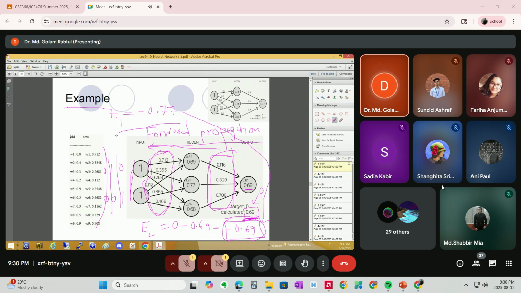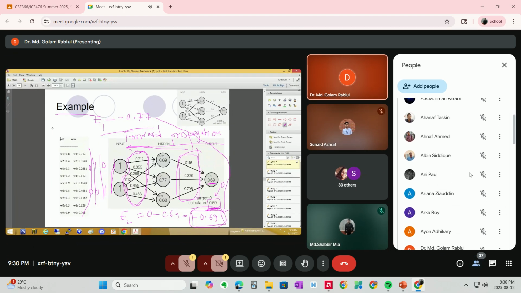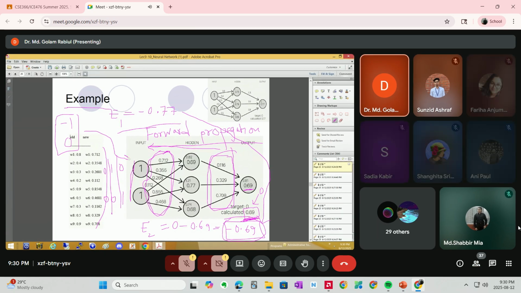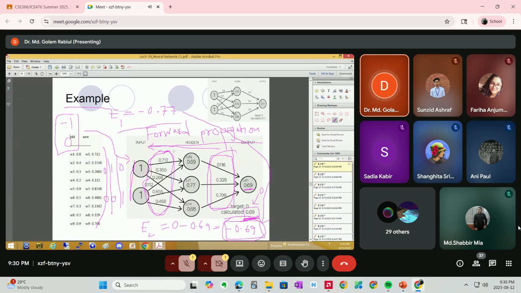For any test case, those weights will be saved or stored. If there is a new value like -1 and 0, this is the new input. We pass this input through the network with the saved weights and just apply forward propagation for the prediction.